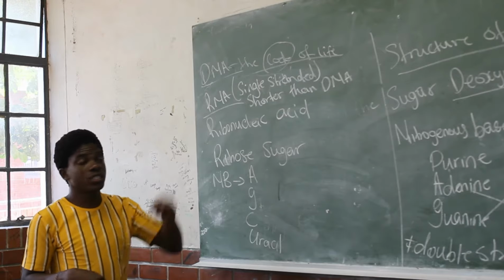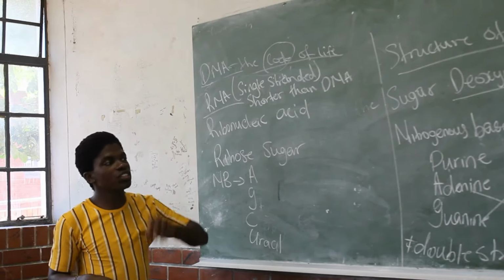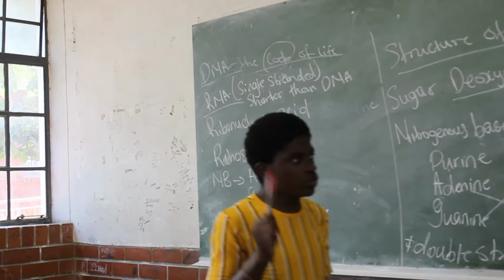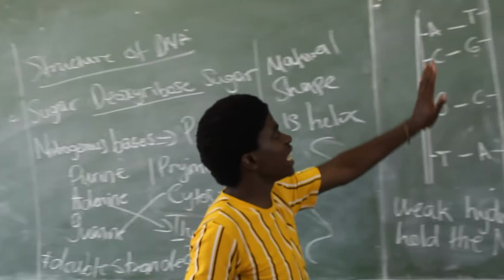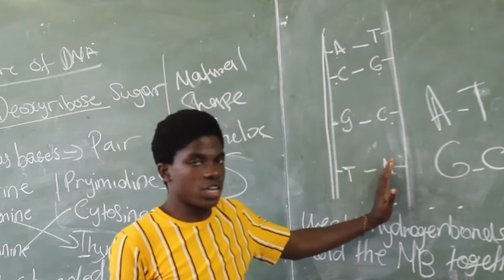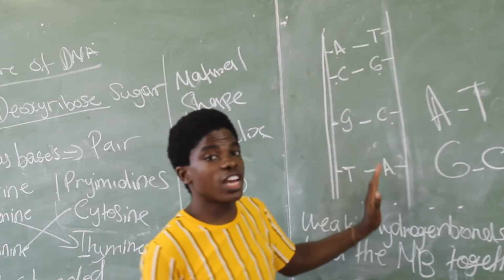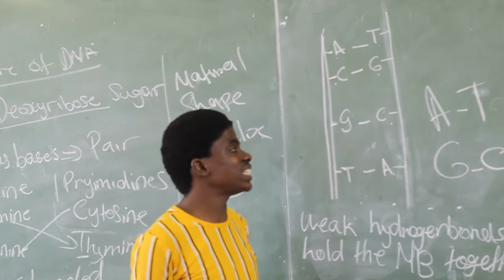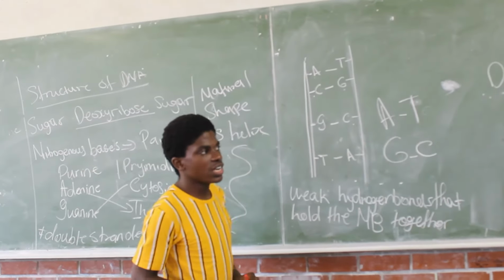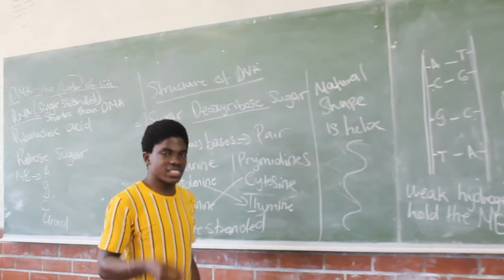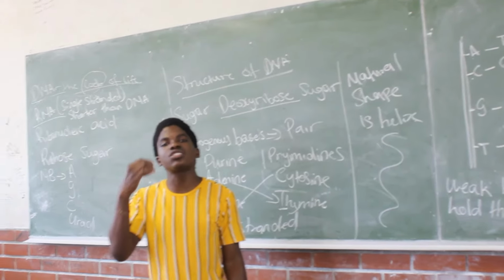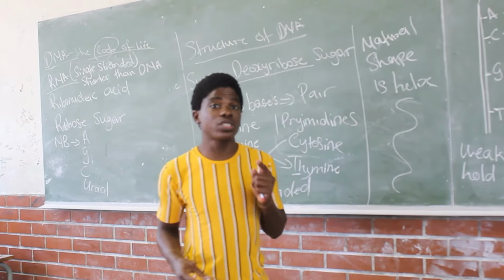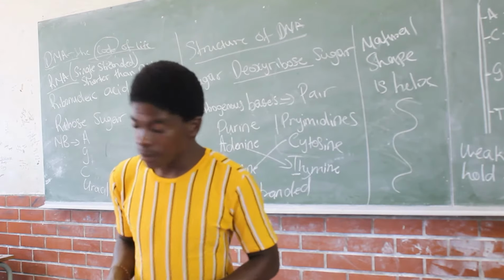Because it is single-stranded, it does not have weak hydrogen bonds. It does not have any bonds. You cannot have a single strand and then tell me you're going to have bonds at the same time.